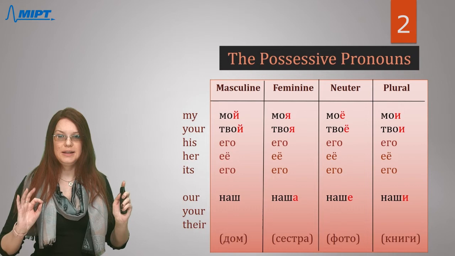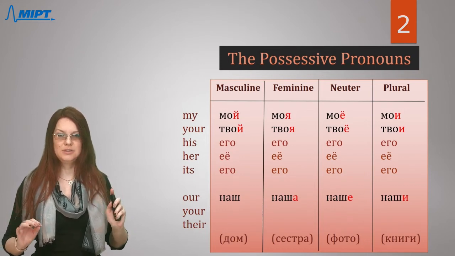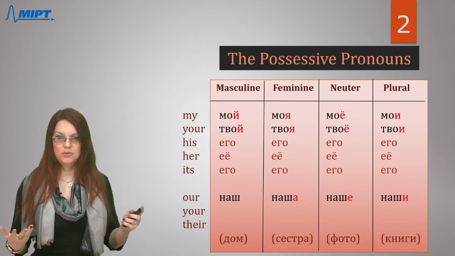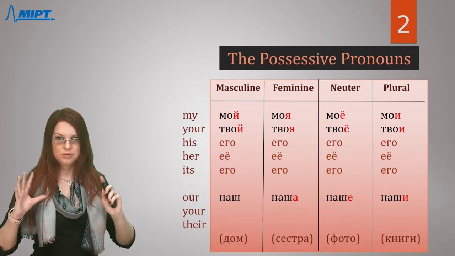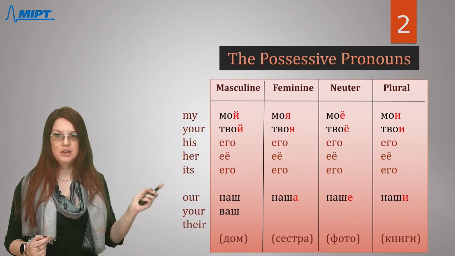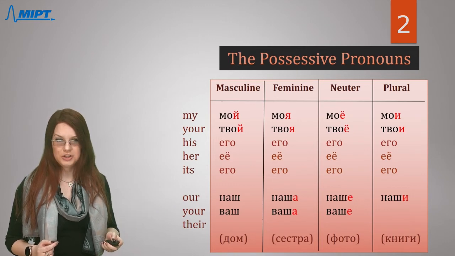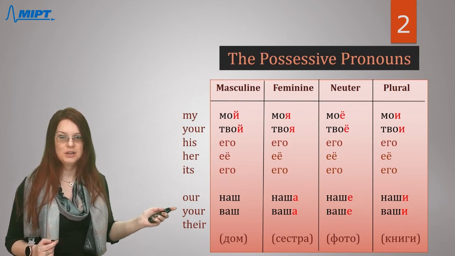They sound a little similar, but try to make an accent on the last letter so we can recognize which form it is. So your, if we're talking to a group of people, will sound like ваш, ваша, ваше, ваши. Ваш дом, ваша сестра, ваше фото и ваши книги.